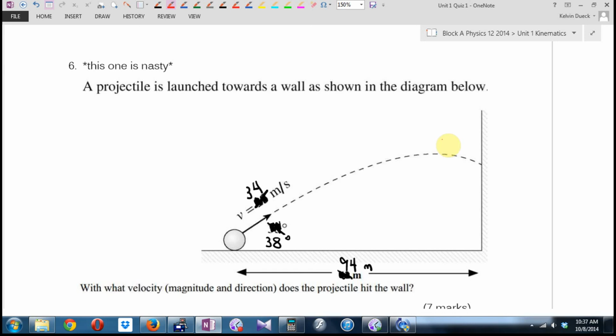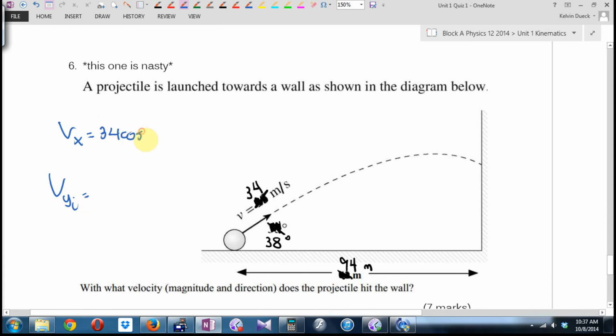Planar attack. Angle. Components. So first thing I'm going to do is find those guys. Vx is going to be 34 cos 38. Of course it is.